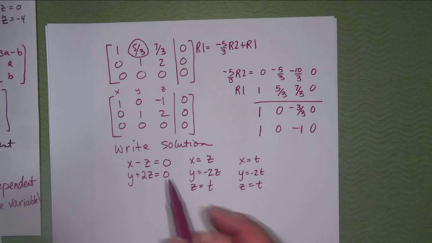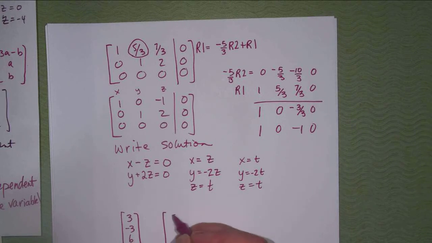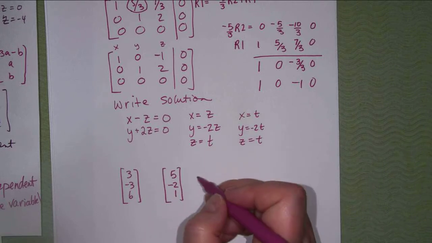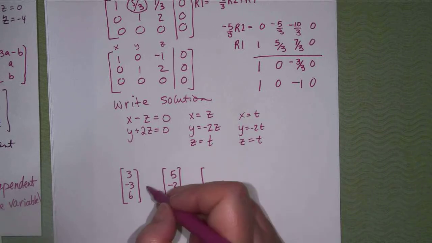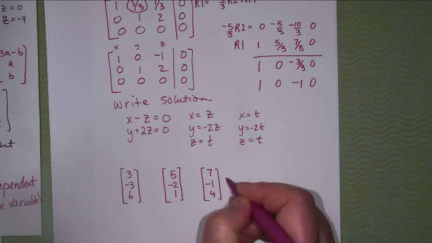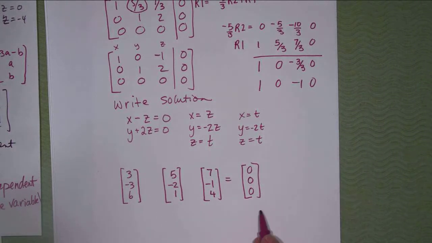So a linear combination, originally we had the vectors 3, minus 3, 6, 5, minus 2, 1. I'm just leaving space to put the linear combination, so don't write these down yet. So when you're doing dependent or independent, you have equal 0 on that side.